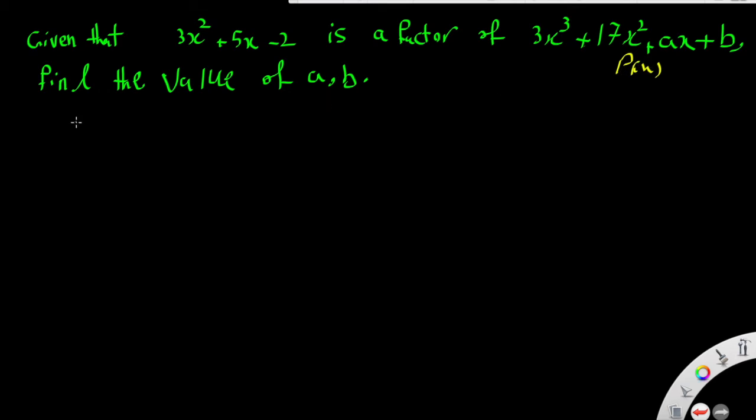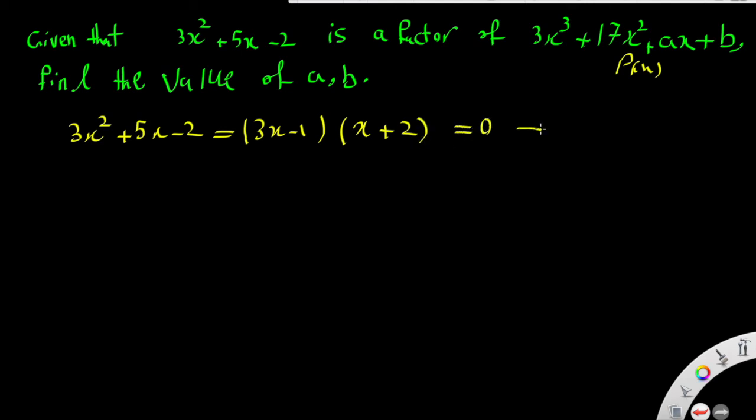So this is your divisor, and I label the polynomial p of x. I first factorize 3x squared plus 5x minus 2, which after factorization will be 3x minus 1 times x plus 2. Now I put it equal to 0. It gives you x is equal to 1 over 3 and minus 2.